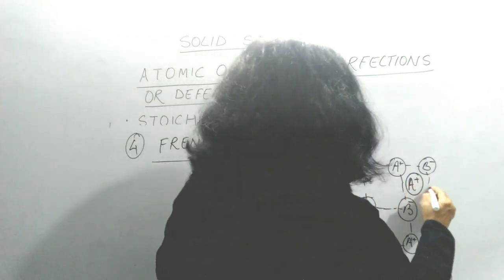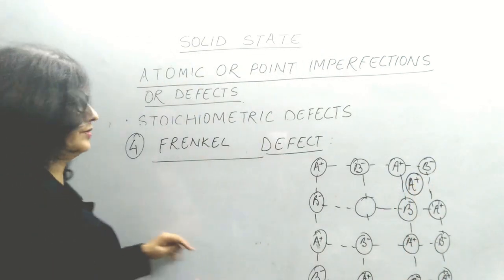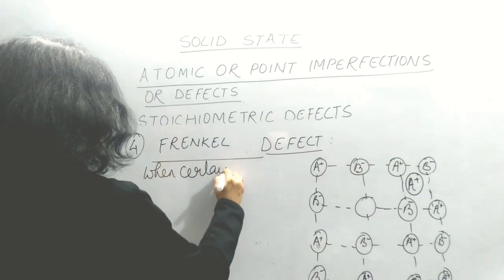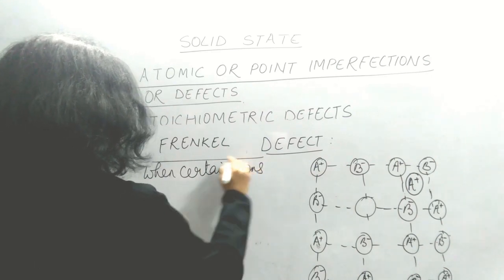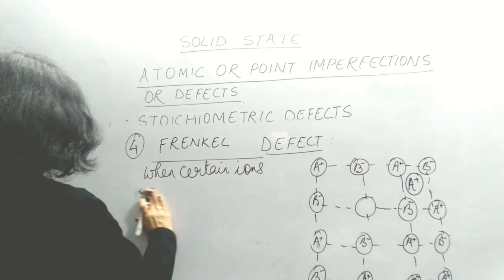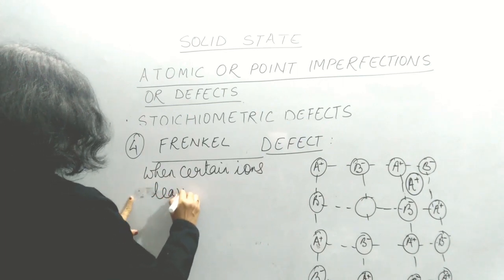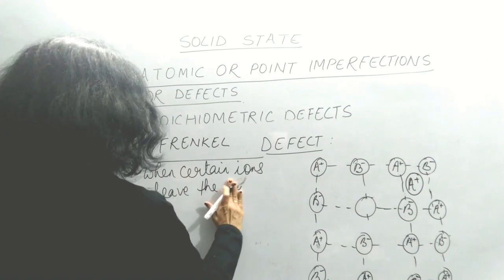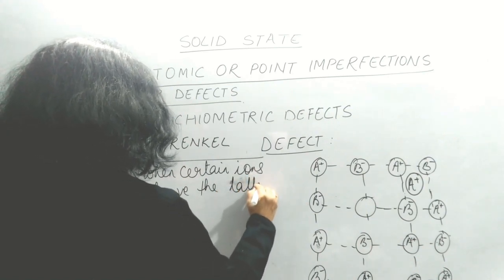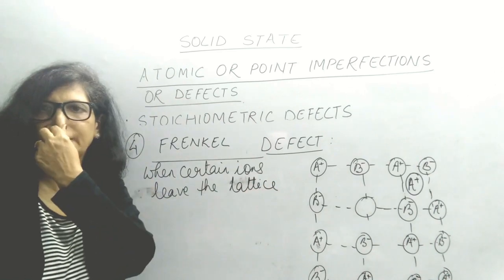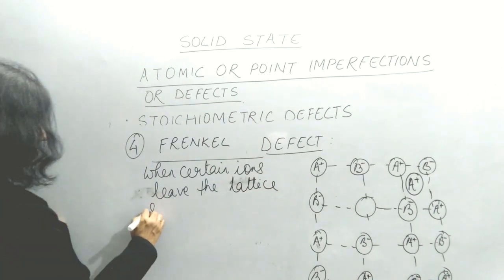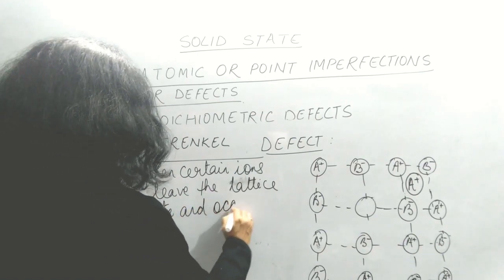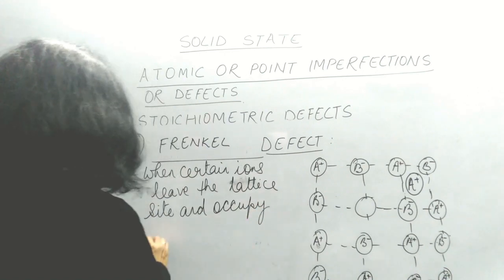Constituent particles in interstitial sites we are having when certain ions leave the lattice sites and occupy interstitial sites.